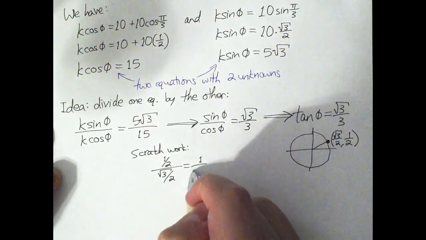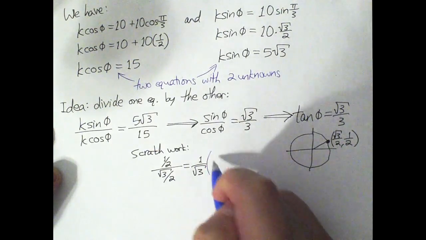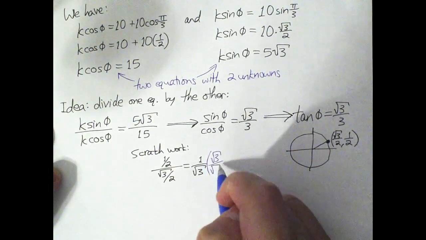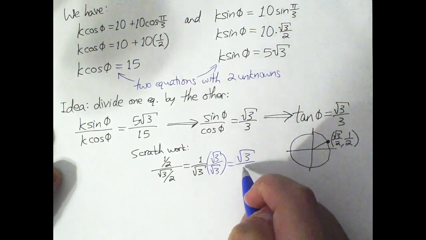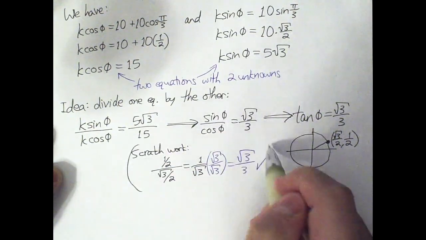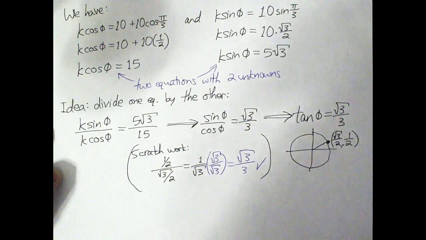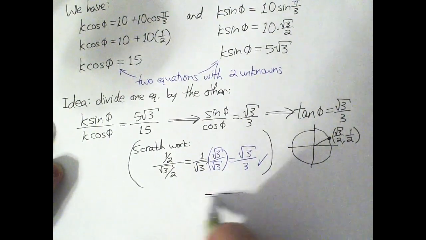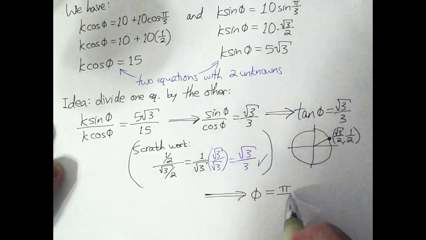Well, it's 1 over square root of 3, right? Because the 2's cancel. And then you would multiply this by root 3 over root 3. So yes, this does... That's scratch work there. It does check out. So the angle that gets us to this point is the correct angle. So I'm going to write it here. I'm going to say we found phi equals pi over 6.